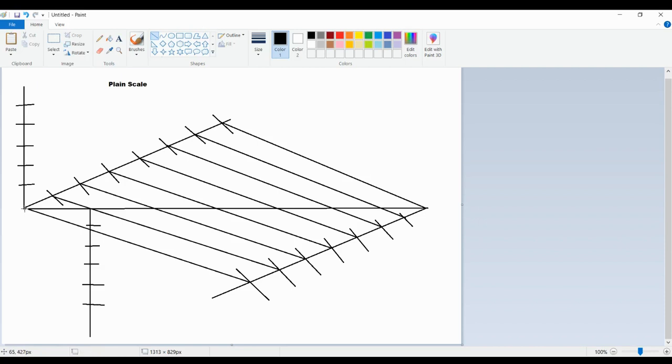So how do we go about joining? We take this point over here and connect it to this point, and take this point and connect it to this point. Then as we did, we just have to join the corresponding points.